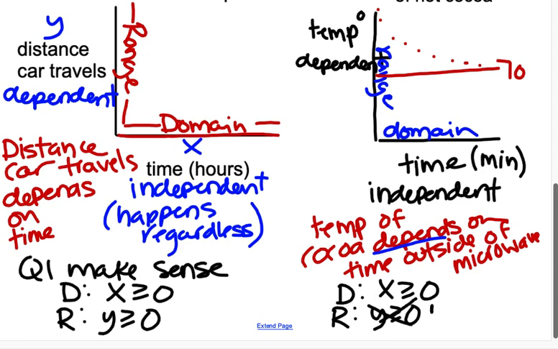But I think you could narrow that down a little bit more and say, we care about what's happening when it's greater than or equal to 70. Because if you look, all your data points are going to be at or above 70. You're not seeing anything down there, so you wouldn't include that in your range because you know you're not going to get any data points around there. So that is how you can write about domain and range.